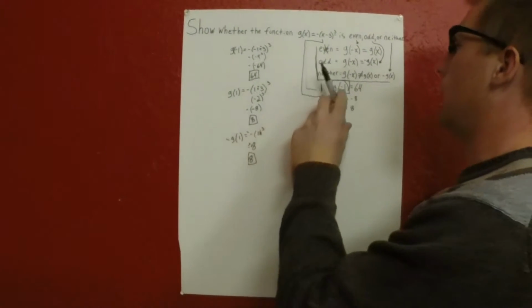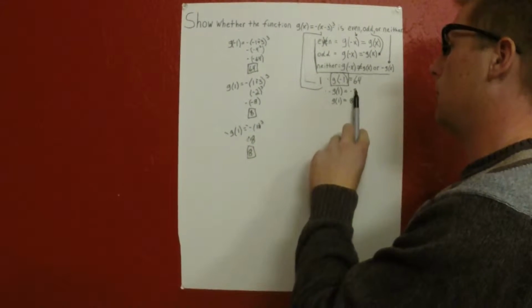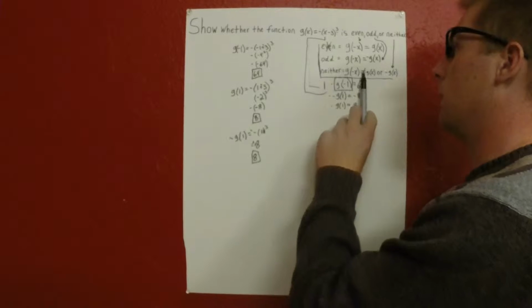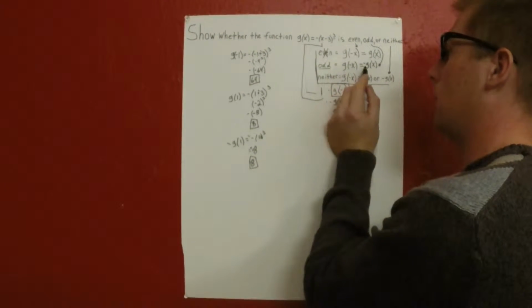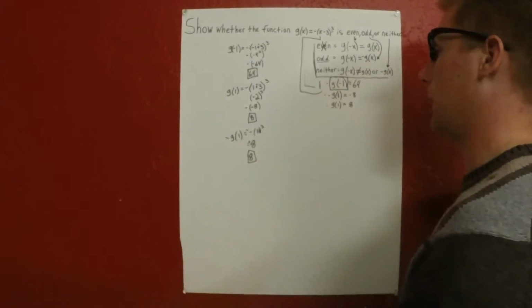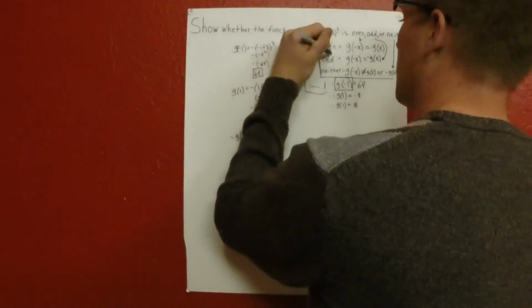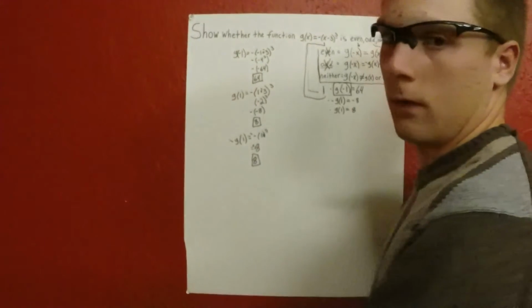Now, that means negative 8 does not equal 64, which is the odd condition, g of negative x equals negative g of x. And since that is not true, the problem is not odd either.